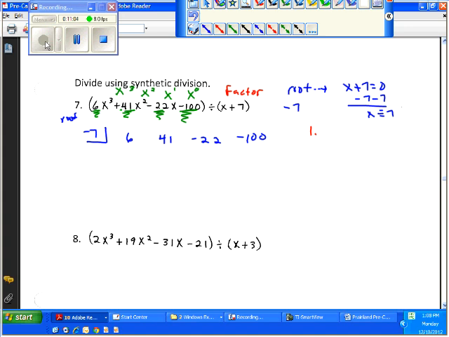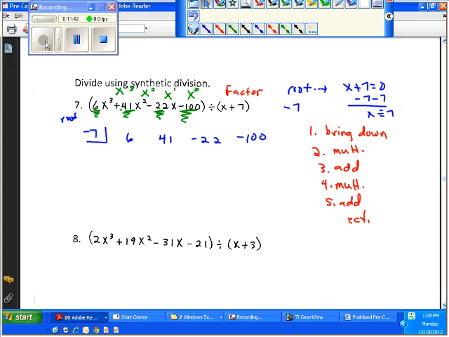Now, the steps are bring down, multiply, add, multiply, add, and so on, till you get to the end.